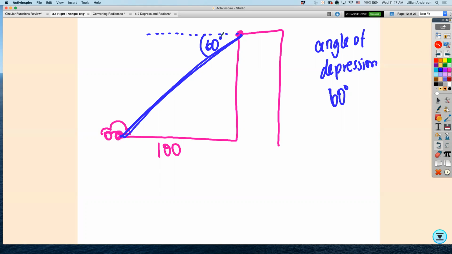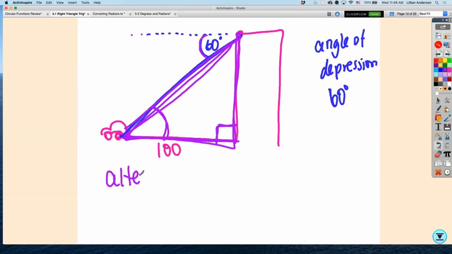Okay, but here's your right triangle. The only angle I know is this 90-degree angle right here, or at least right now. Horizontal lines are always what? Not adjacent, parallel. Parallel lines create these two congruent angles.